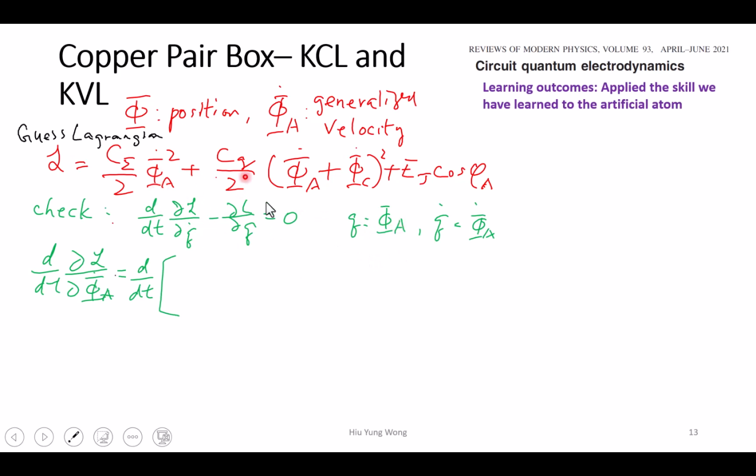Which one depends on phi A dot? This one does not depend on phi A dot. This is phi A, so this is the velocity. I only care about the velocity. So the first term gives me C summation phi A dot. The second term gives me CG times phi A dot plus phi C dot.